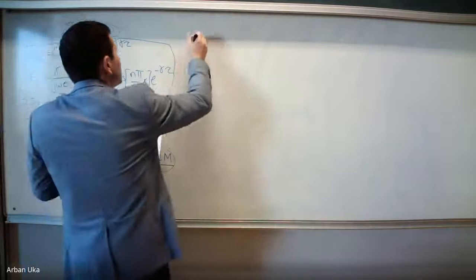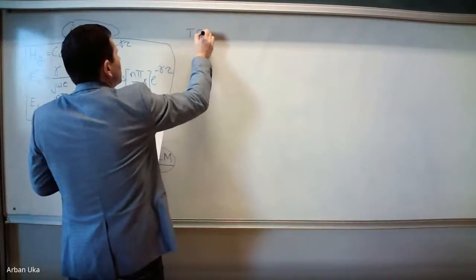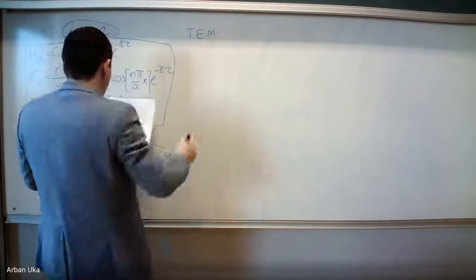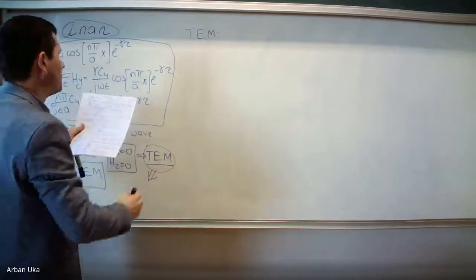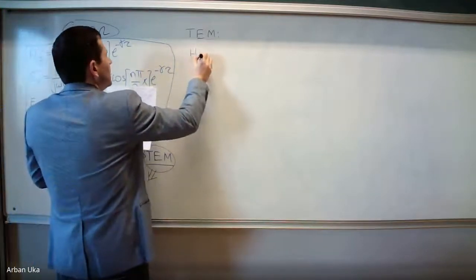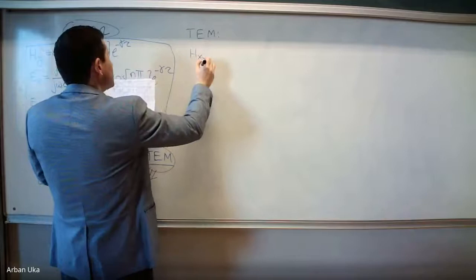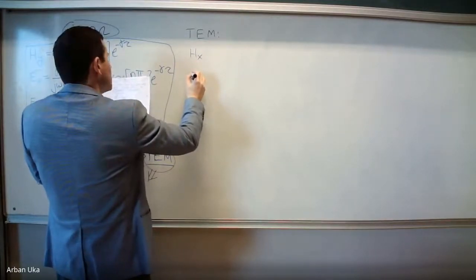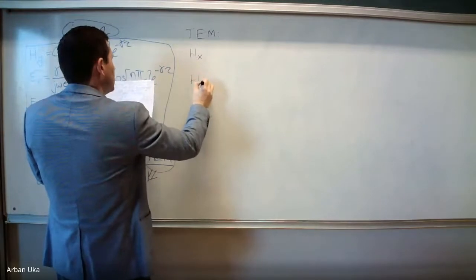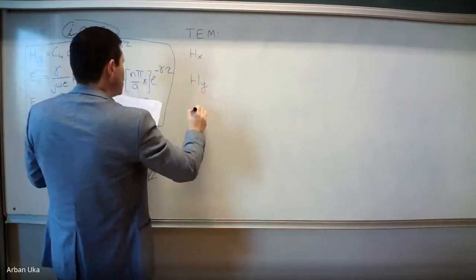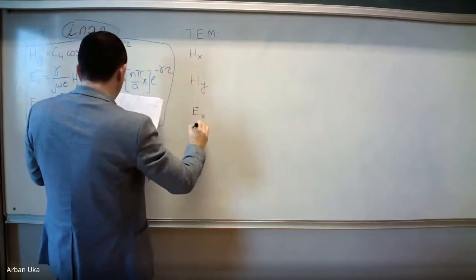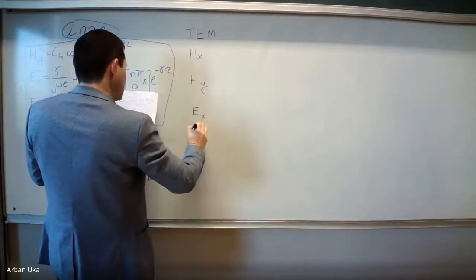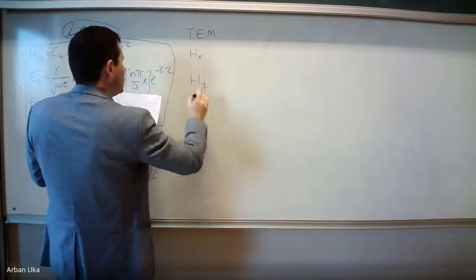Now at this point, since we're discussing the TEM, I just want to remind a little bit about writing down all the waves as a function of Ez and Hz. So this is Hx, here we have Hy, this is Ex, and here we have Ey.